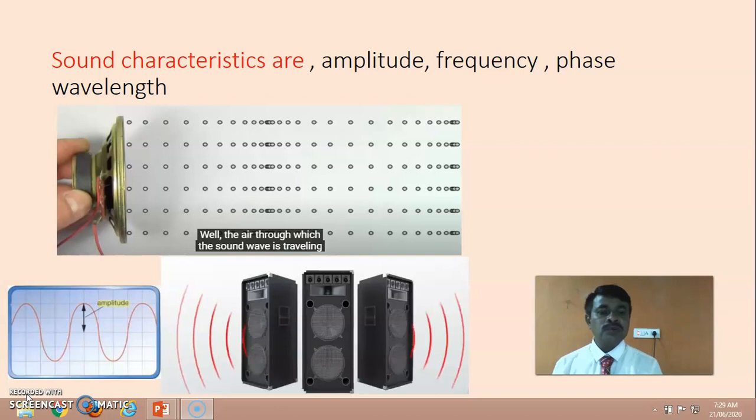The difference between sound waves and electromagnetic waves. What is compression, what is rarefaction. Now, practically, how the sound wave can be seen and what are its characteristics: amplitude, frequency, phase and wavelength. In the upcoming videos, we will go into detail on amplitude, frequency, phase and wavelength.